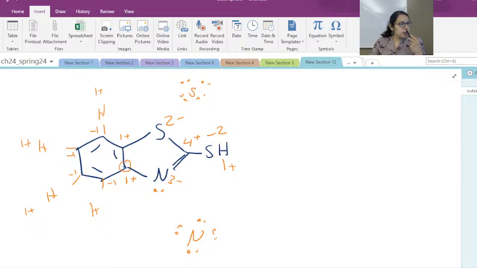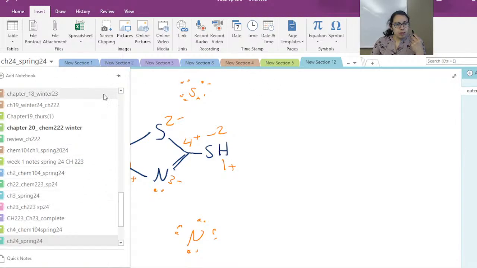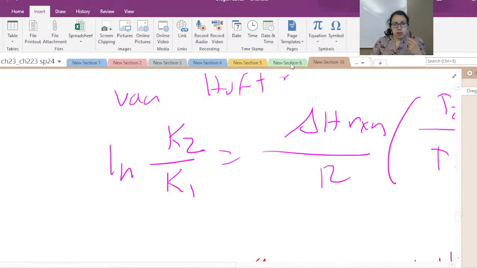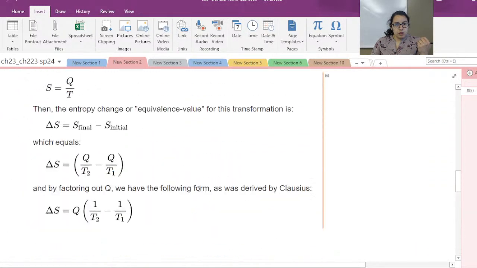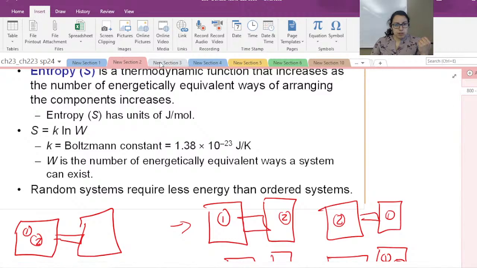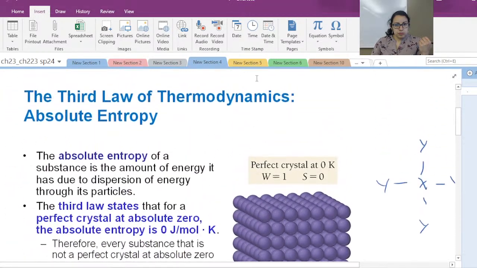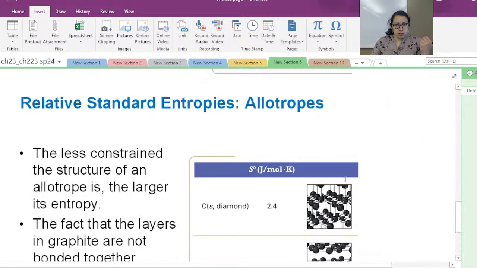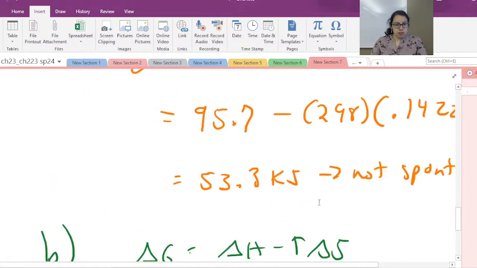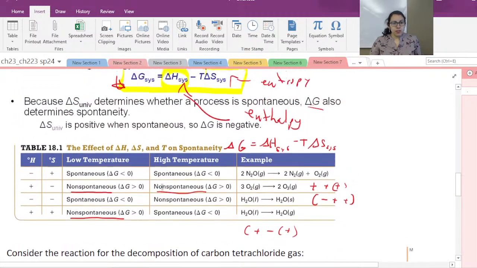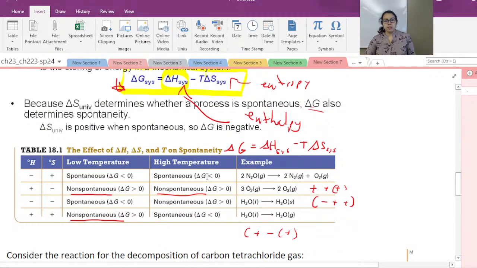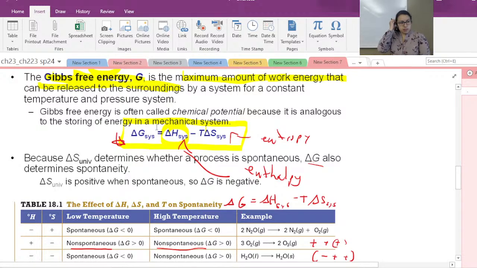And then there'll be something, so let's go back to our Gibbs chapter. I'm trying to find that chart that's helpful. Oh, here we go. Basically, you have to predict based off of this equation what the signs are, what's going to happen, will it be spontaneous?